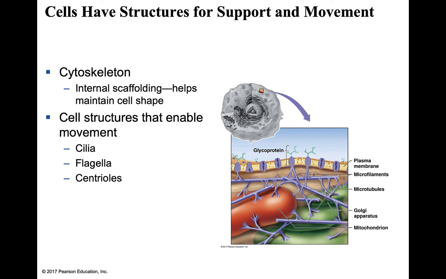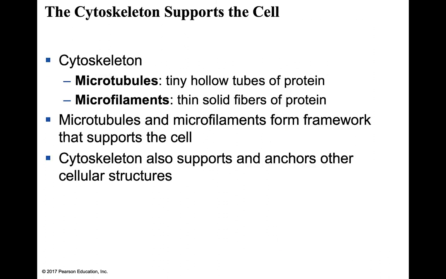Now, cells will also have their own structural support system. So they have their own skeleton, and it's referred to as a cytoskeleton. This is just the internal scaffolding which helps that cell maintain its normal shape. Now, there's also some structures that are going to enable movement. So things such as cilia, flagella, and centrioles are some other support and movement structures that we find making up the cell itself.